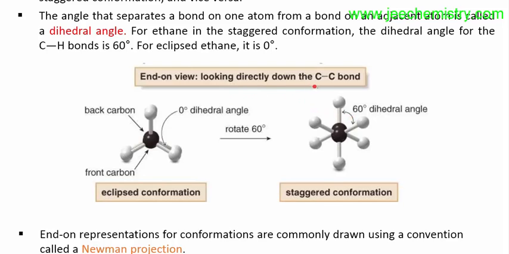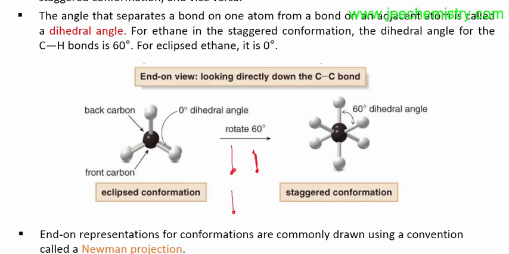Looking directly down the CH bond, there is a 0 degree angle difference between the front CH and back CH bonds. Here is the front CH bond, and this is the back carbon atom's CH bond. If you want to see the dihedral angle, then we have to bring them to the same position.